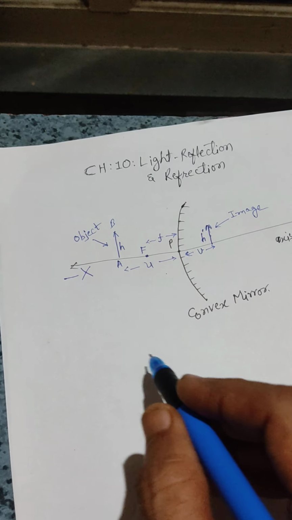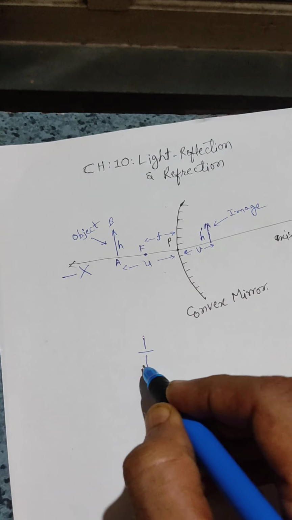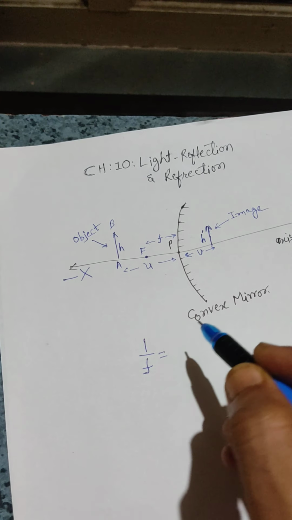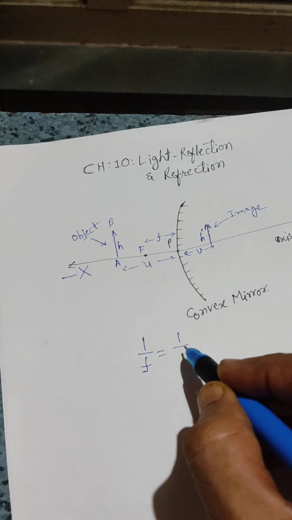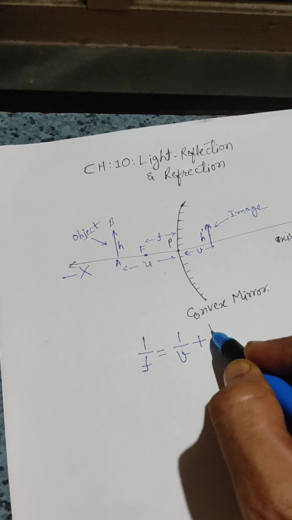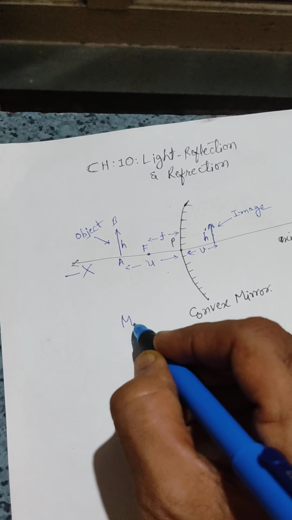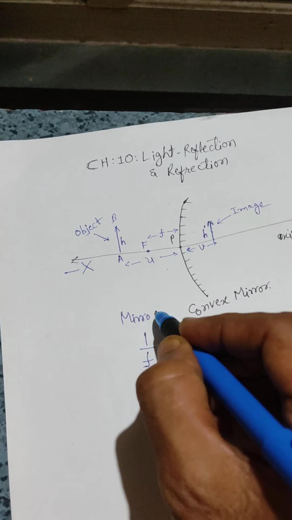I write the mirror formula, which is 1 upon f is equal to 1 upon v plus 1 upon u. This is known as mirror formula.